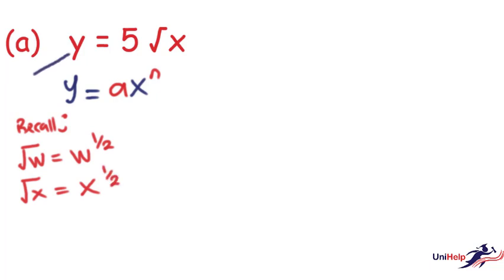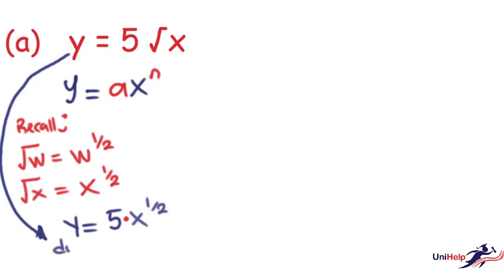That is, this function could be written as y is equal to 5 times x to the power 1 over 2. In this case, the general rule for differentiating a function can therefore be applied.